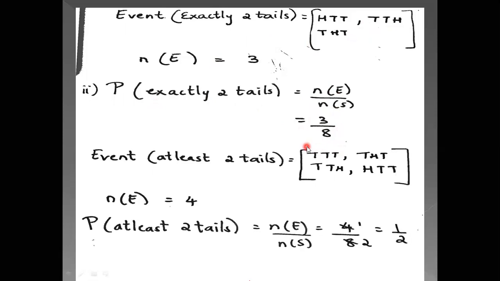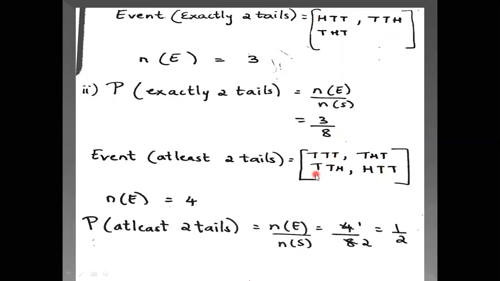Okay, children. Now the next event is at least 2 tails. Now the word at least has come. So at least means 2 or more than 2. You have already listed 2 tails, so you just copy that again. And for 3 tails, there is one possibility, which we have written over here.